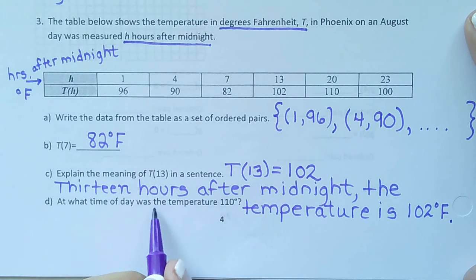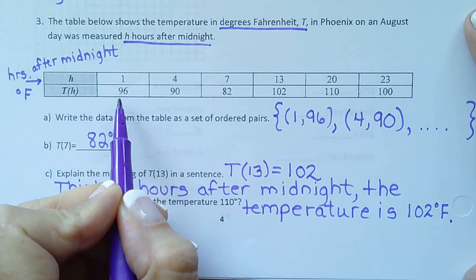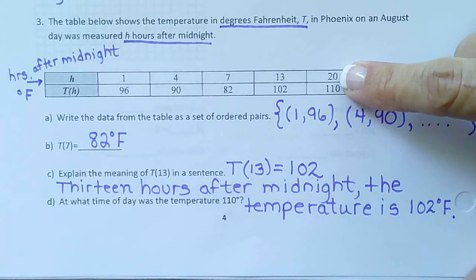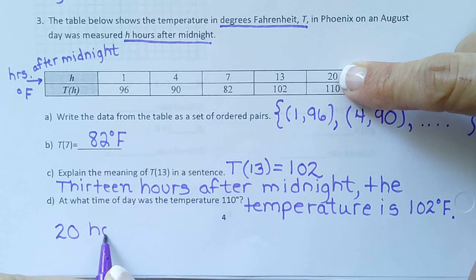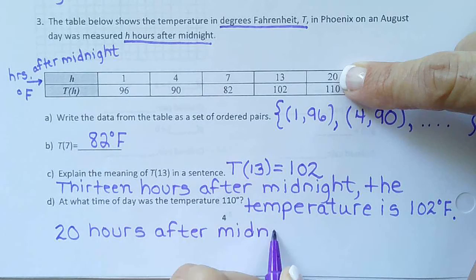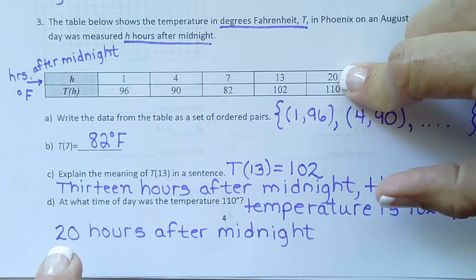At what time of day was the temperature 110 degrees? So this is temperature. So it's 20 hours after midnight. But that's not what they asked for. They said, at what time of day? So what would 20 hours after midnight be?